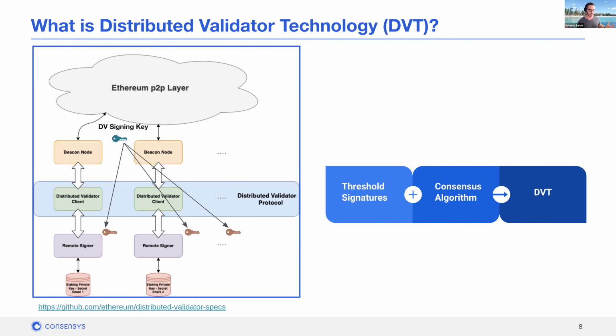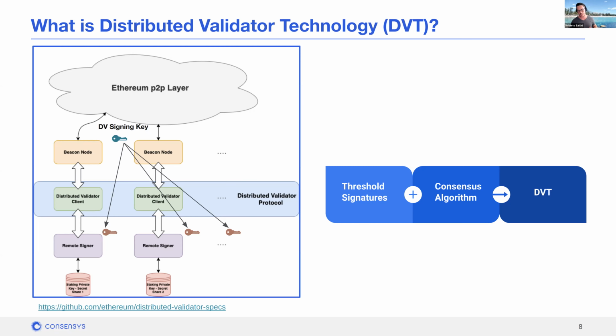Each share goes to a different signer, and then we have the distributed validator protocol, which is responsible for coordinating the various components and making sure that the overall system is seen as a validator.